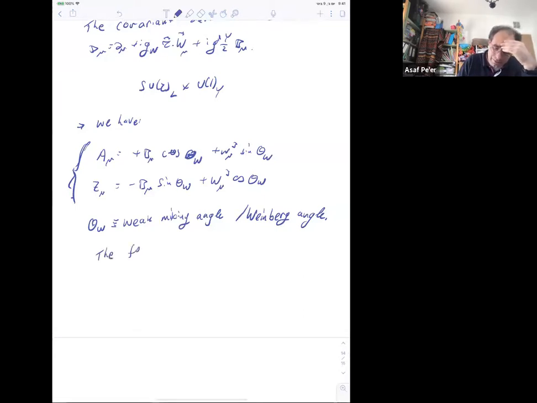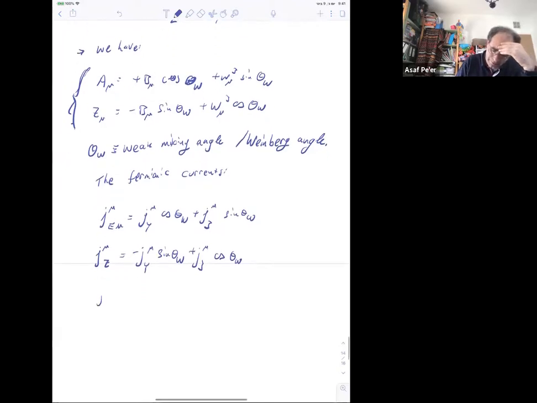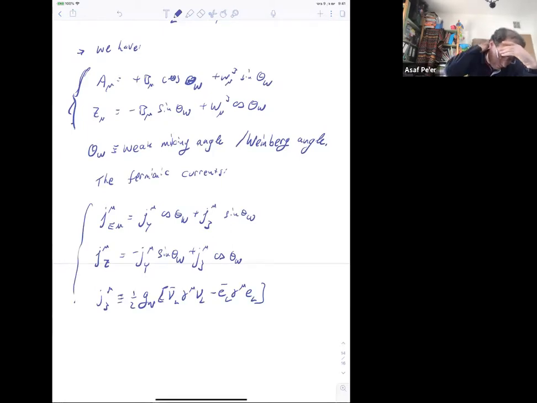The electromagnetic current J mu is just J mu Y cosine theta W plus J mu 3 sine theta W, and J mu Z is just minus J mu Y sine theta W plus J mu 3 cosine theta W. And J mu 3 is what we had previously: half g W, neutrino bar left gamma mu neutrino L minus e bar left gamma mu e L. Which is quite cool because we achieved exactly what we wanted.